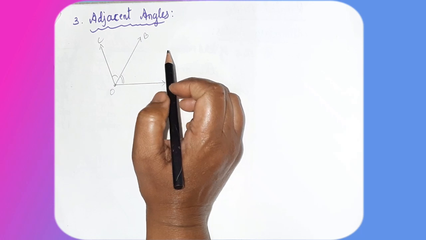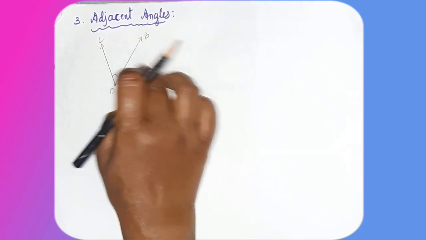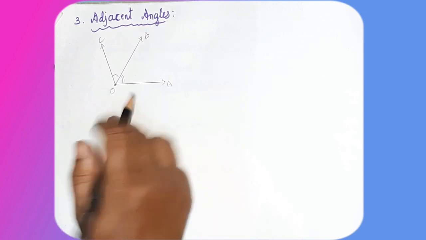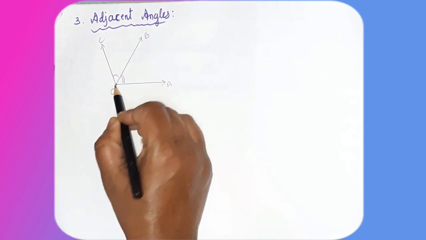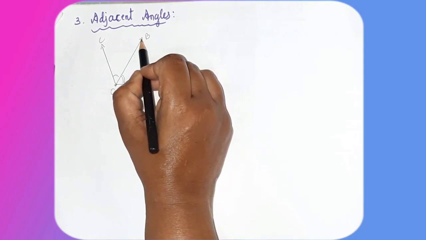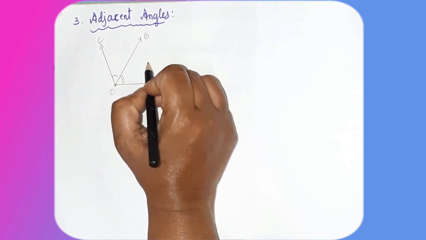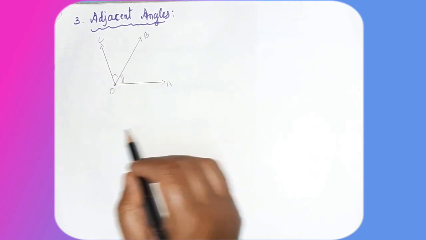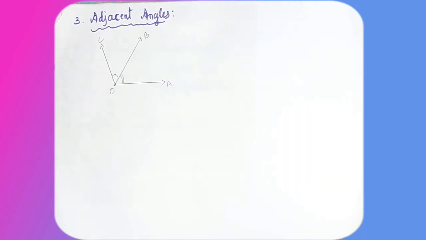A common arm, but no common interior points. No other common points must be there. This is the definition of adjacent angles. Adjacent angles must have a common vertex and a common arm, but no common interior points.